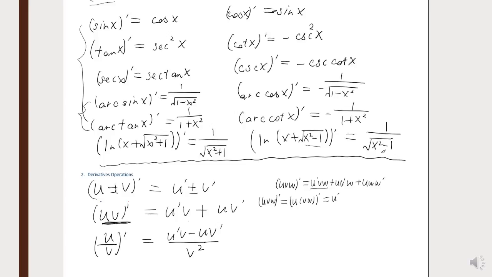Then you can further apply the two item multiplication rule into the parentheses, and then you can multiply the u into the parentheses.